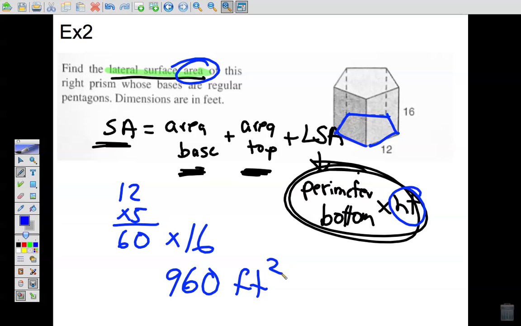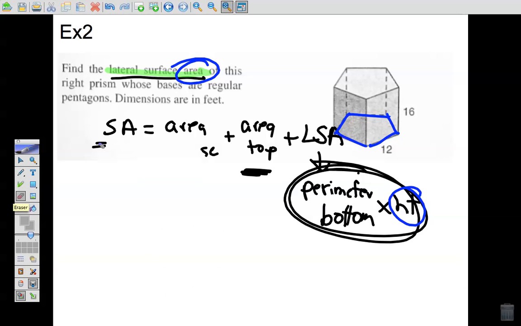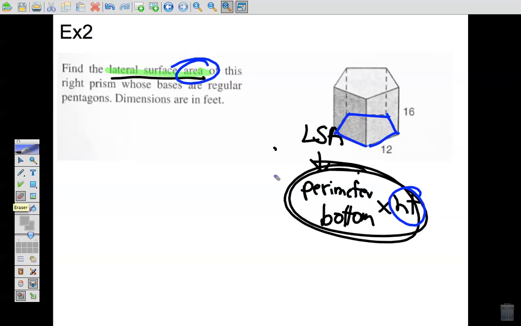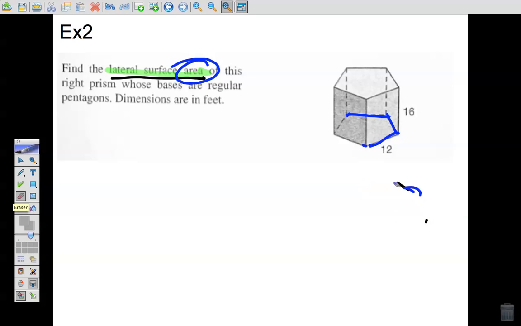Notice in this one, they did not want us to find volume. They actually wanted us to find the area of the sides. Here's something I want you to realize on why this formula works for lateral surface area, perimeter of the bottom times the height. What would happen if I took this object, cut it, and stretched it out?